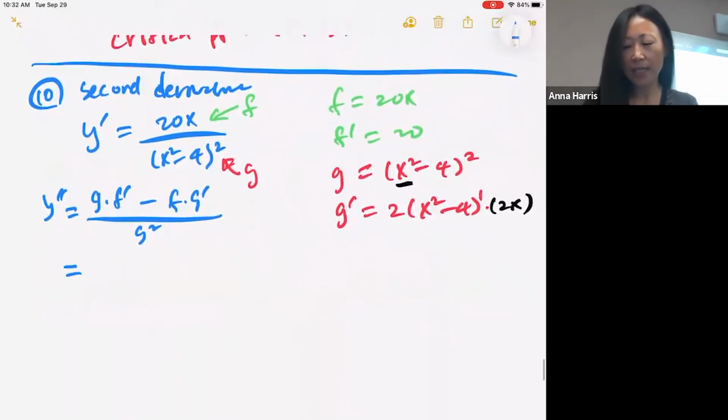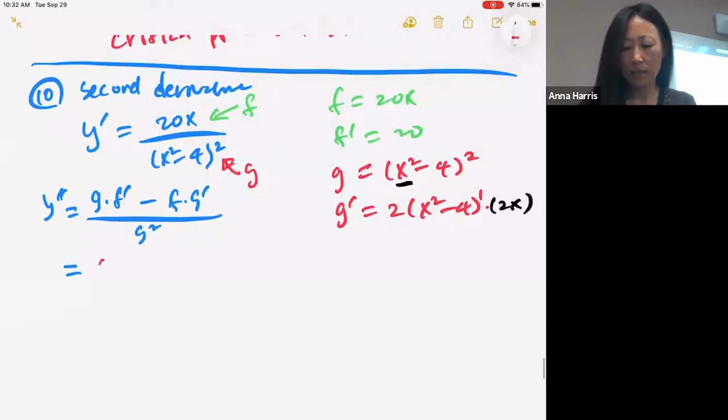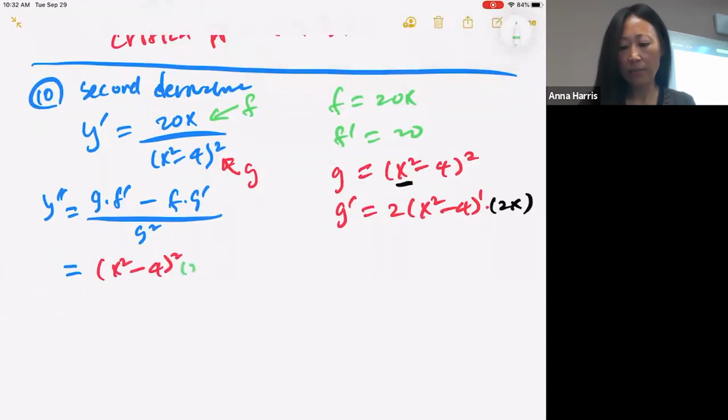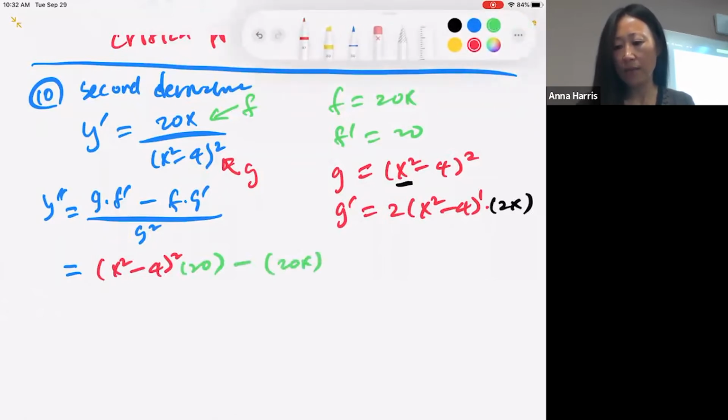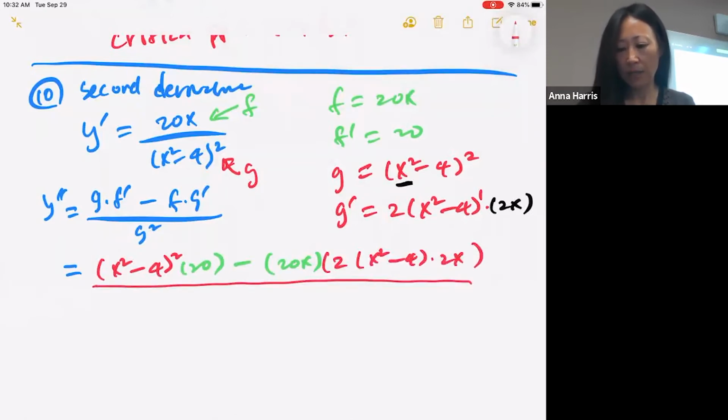So plugging back in, my g is (x squared minus 4) squared. f prime is simply 20, minus f is 20x, and g prime is 2 times (x squared minus 4) times 2x, everything divided by g squared.